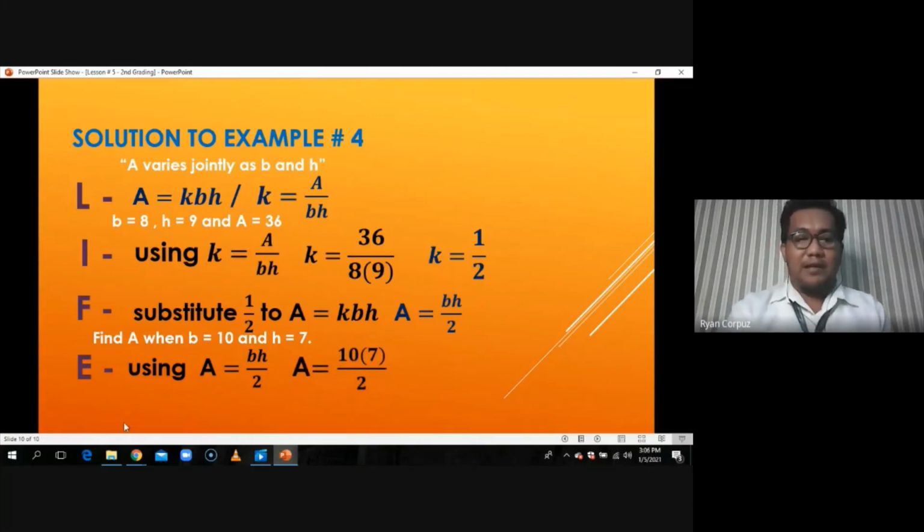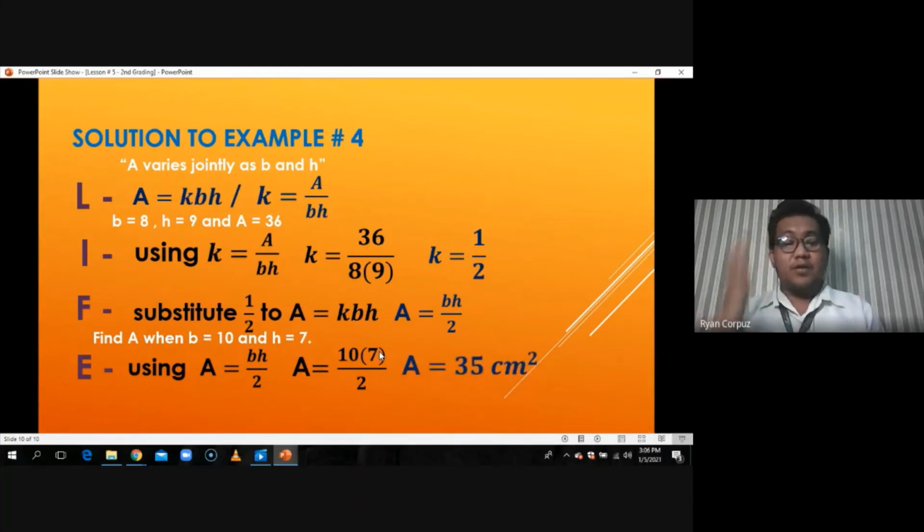And 10 is exactly divisible by 2. So matitira dito ay 5 magiging times 7. So 5 times 7 is equal to 35. So since we are pertaining to the area of the triangle, and the unit of measurement involved there is in terms of centimeters, and we are pertaining to the area, the unit of measurement when the area is involved should be in terms of square units.